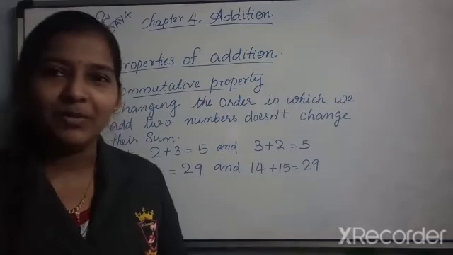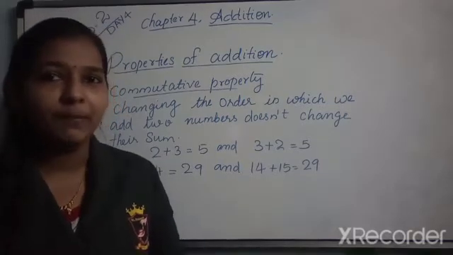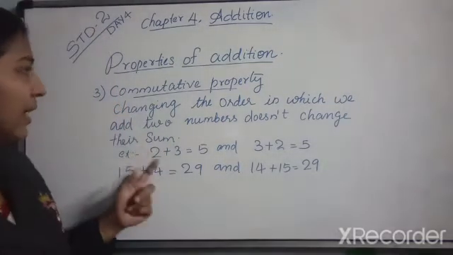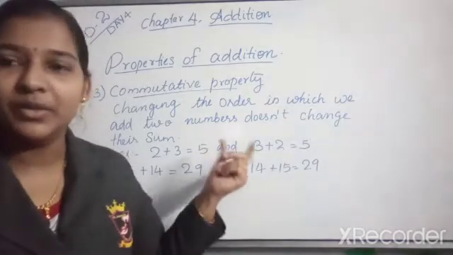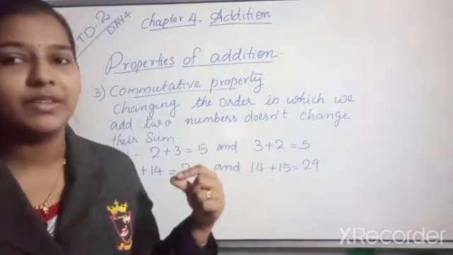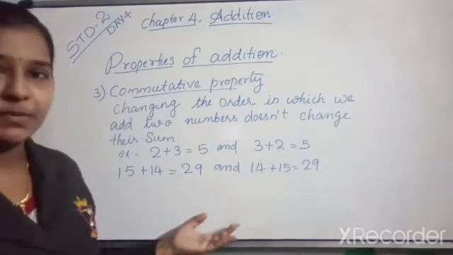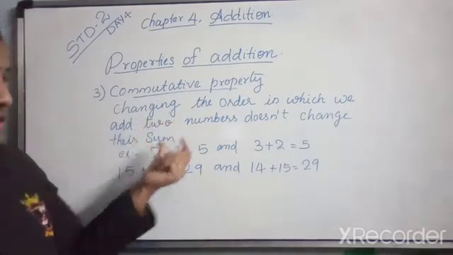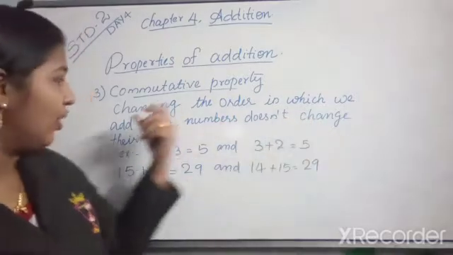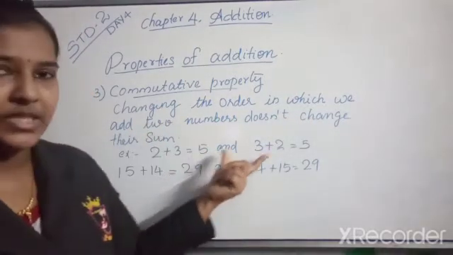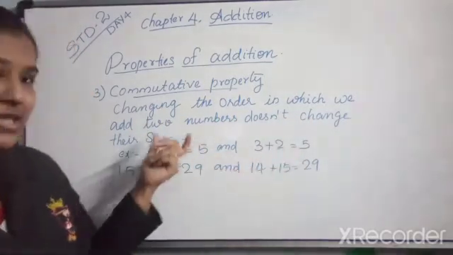Children, now we are moving to the next property, and that is commutative property. In this property it says changing the order in which we add two numbers doesn't change their sum.